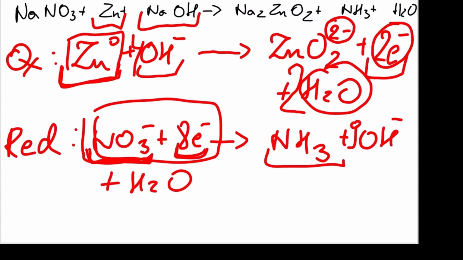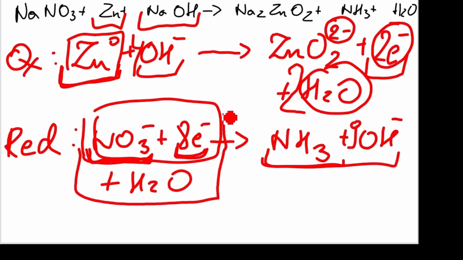So we have, let's see, the net charge on the right side is equal to -9. The net charge of the left side is also equal to minus 9. -1 plus -8 give us -9.